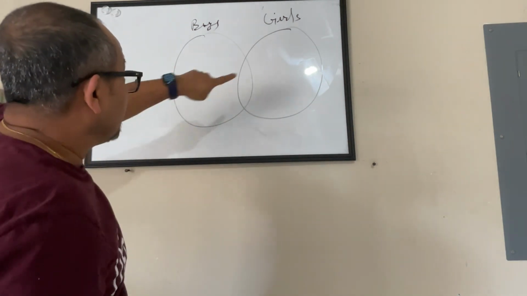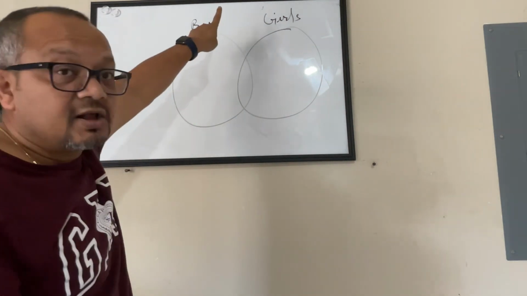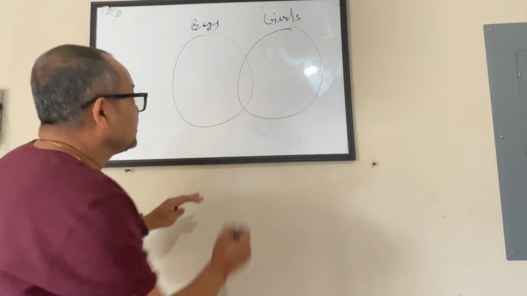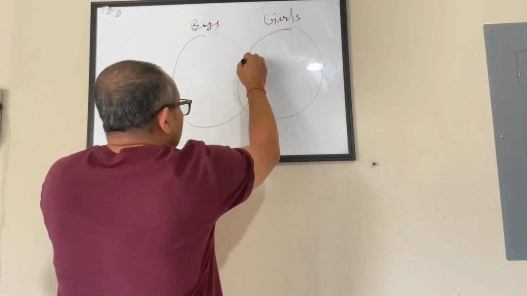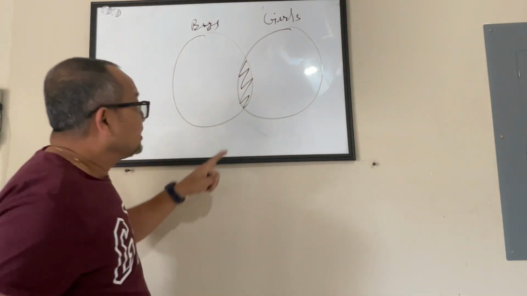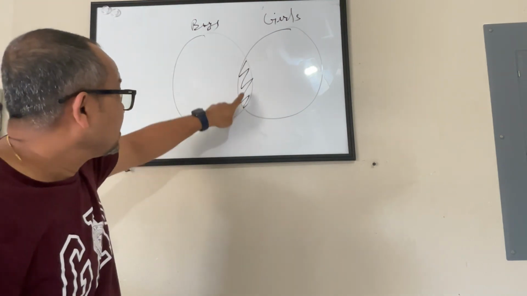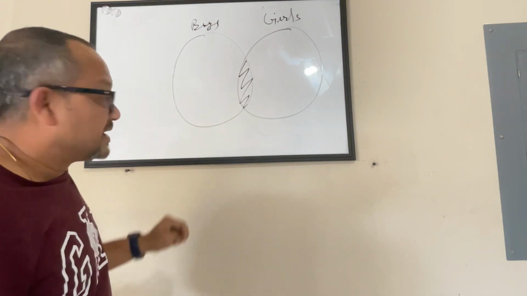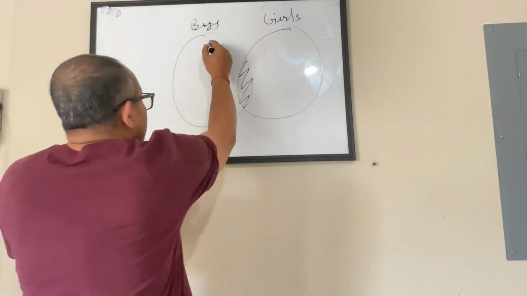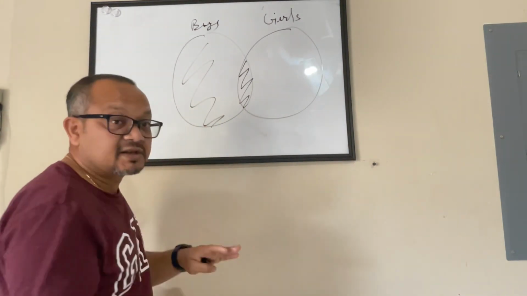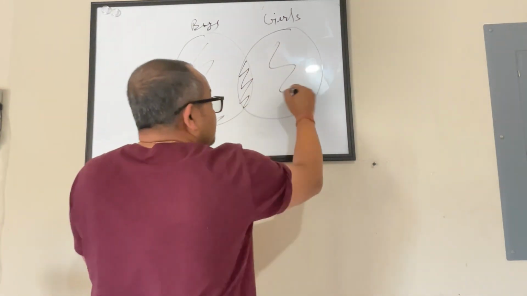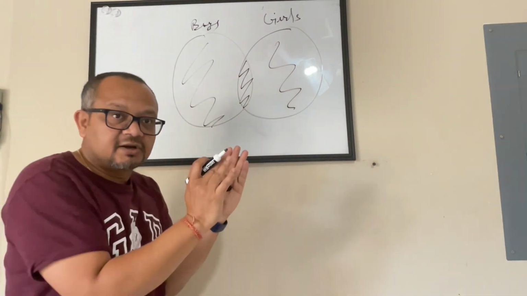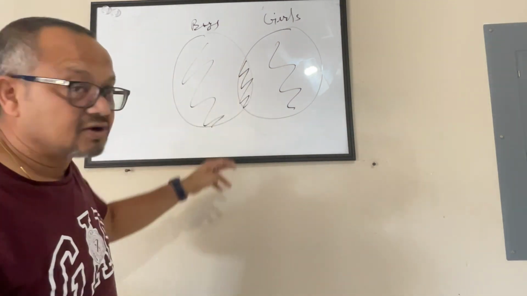Among all the boys and the girls, we are trying to depict all the kids who have opted for science. This is the group of boys and girls which is common here, and they have taken science. The remaining boys that you see here have taken some other subjects, and the remaining girls have taken some other subject. This is the only intersecting point where they have something in common.